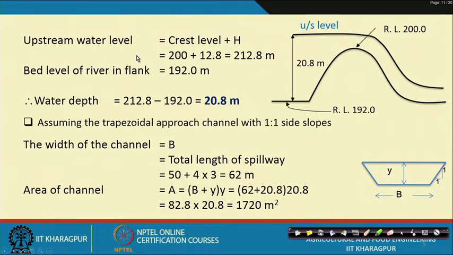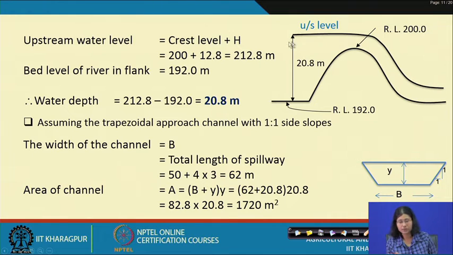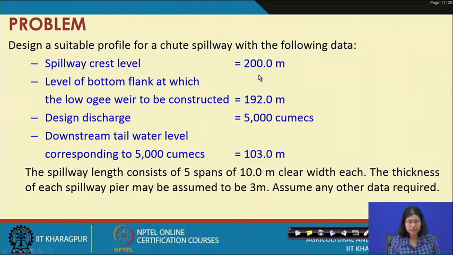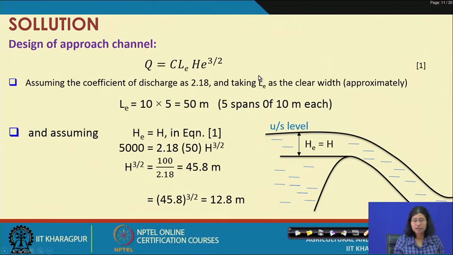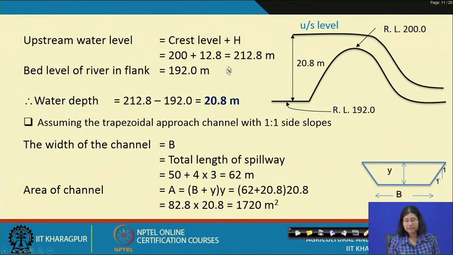Now, the upstream water level is a combination of the crest level plus H. The crest level is given in the problem as 200 meter, the spillway crest level which is located here. So 200 meter plus our calculated height comes out to be 212.8.